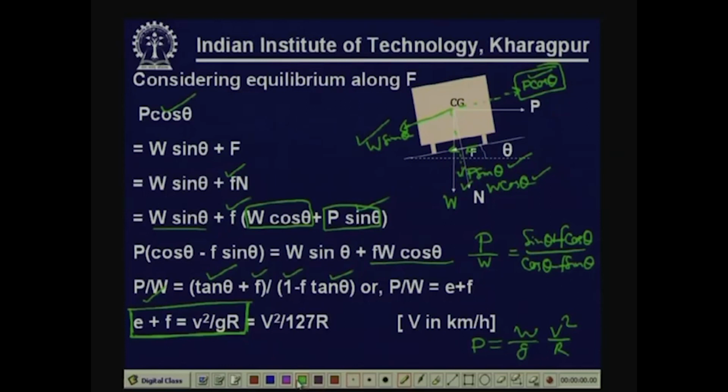Here, it is kilometer per hour, and we have already put the value of g inside the equation. So, it becomes e plus f equal to V square by 127 r.